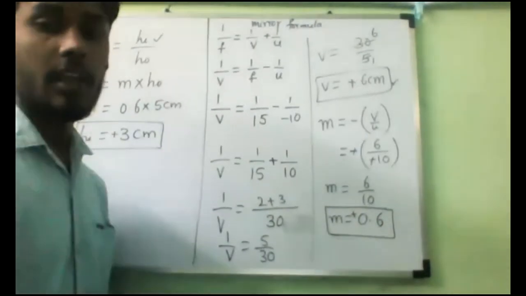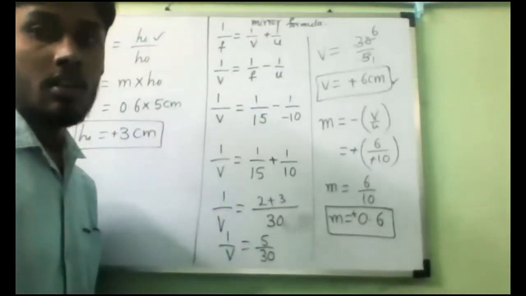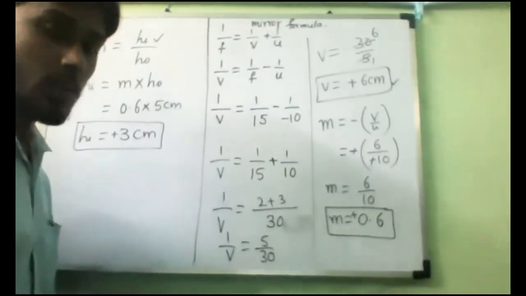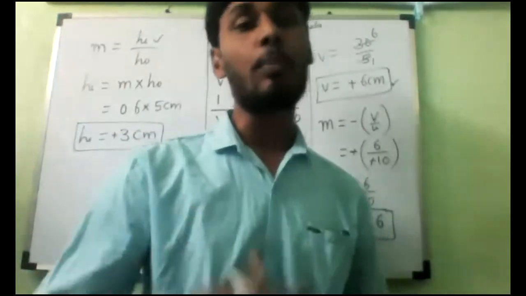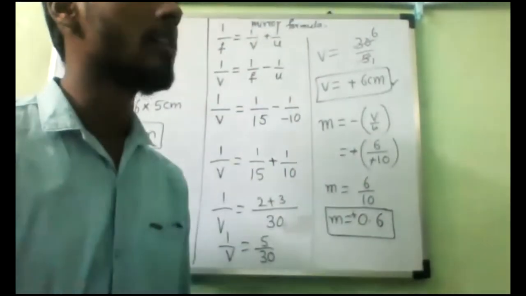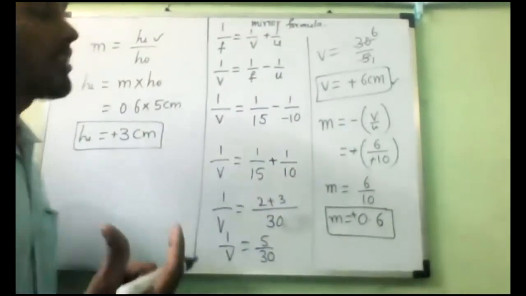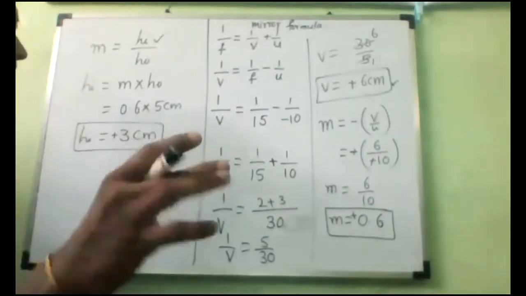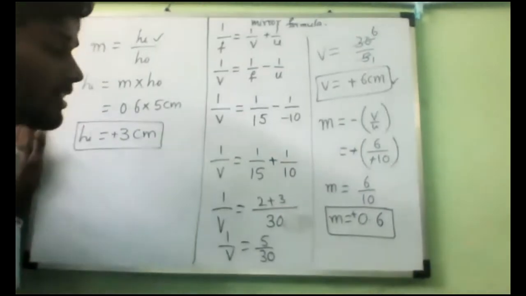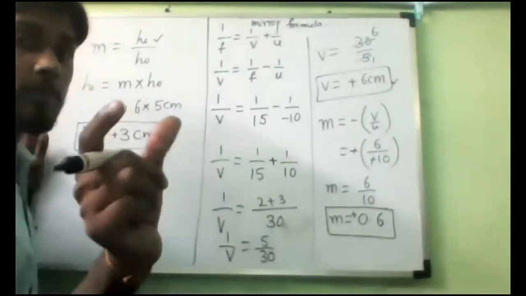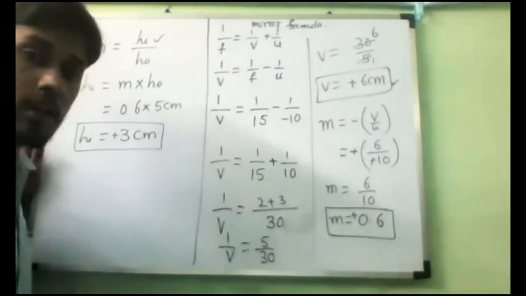So what is the nature and characteristics? Virtual, erect and diminished image, and the position of the image is behind the mirror. That image is always located between P and F. Have you noticed it?